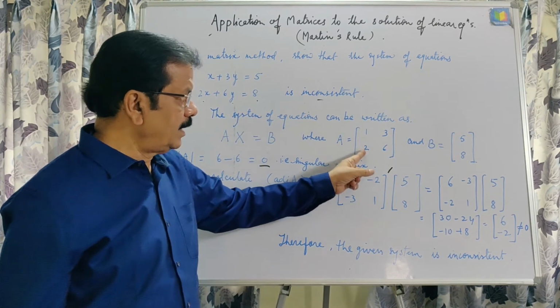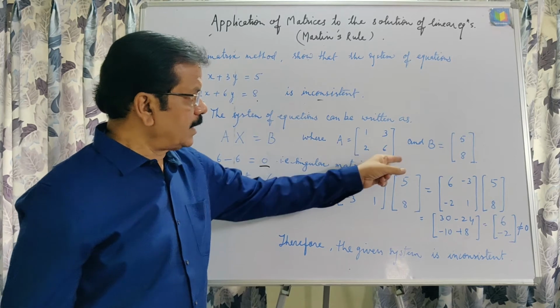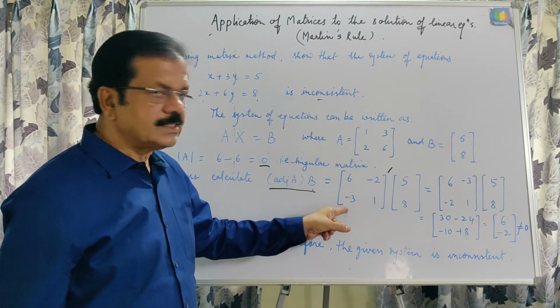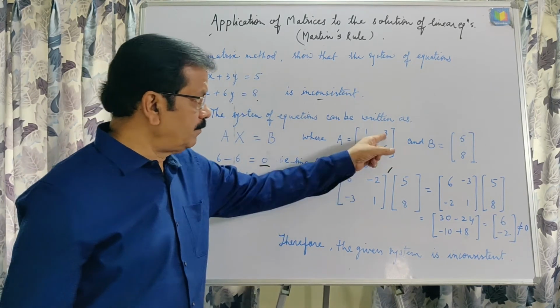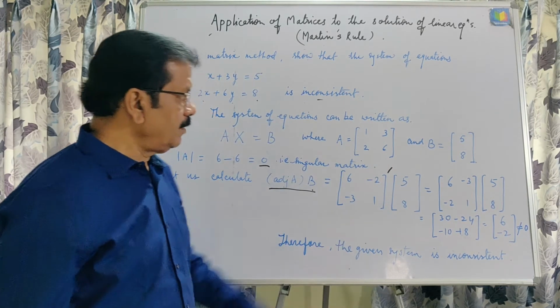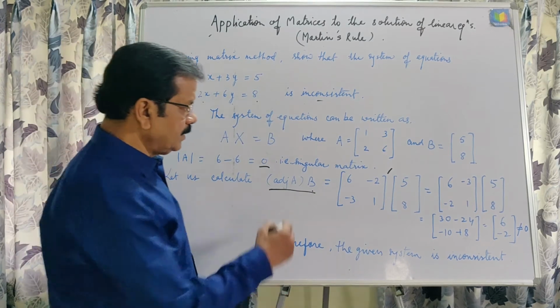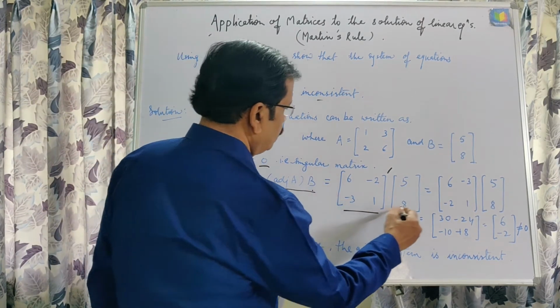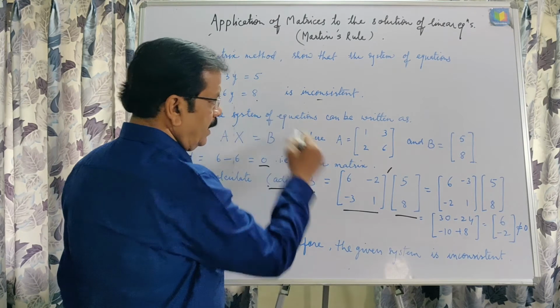Then for second row first column, a minus sign, odd number, which is 3, and then this is 1. Then writing the transpose of this adjoint of A into B, that is 5 and 8.